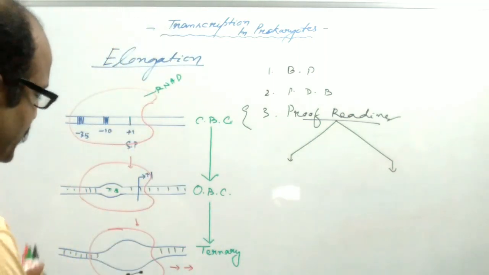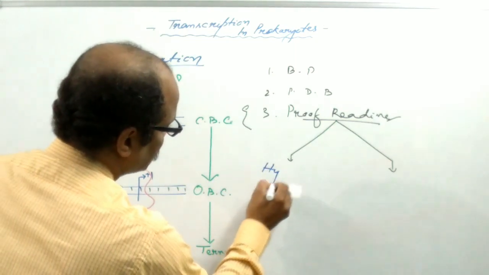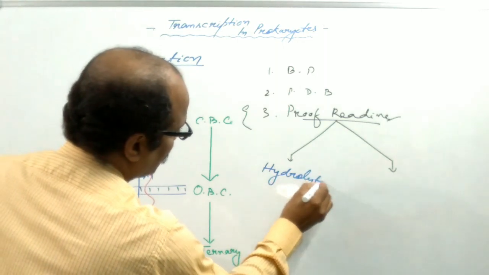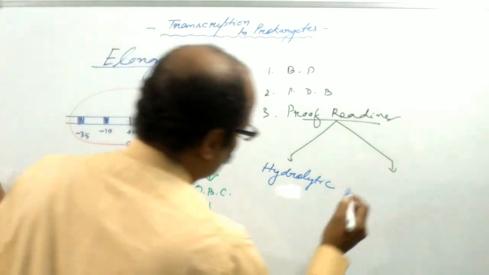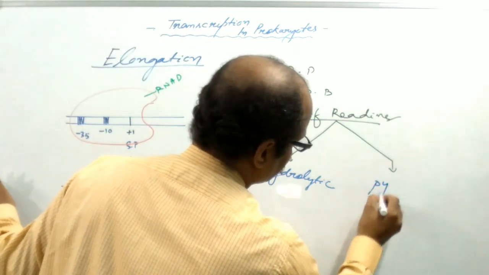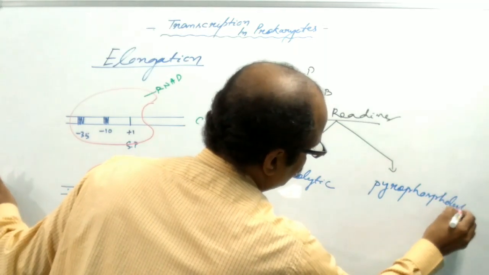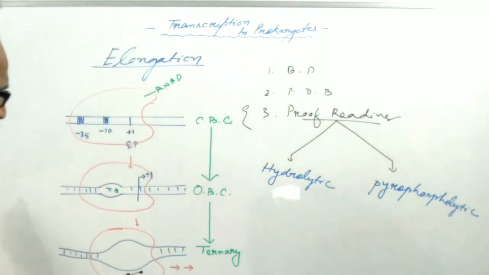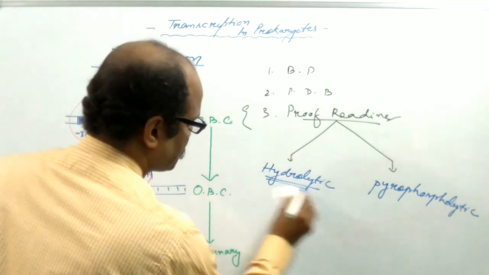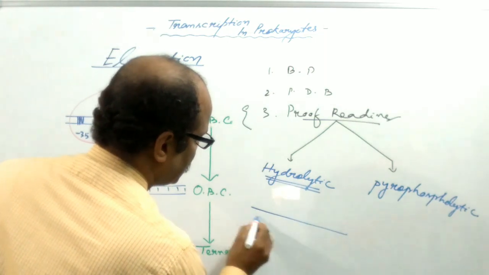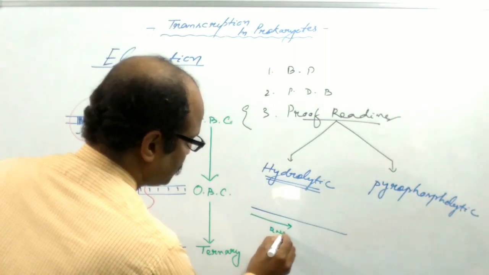Such proofreading actually takes place by two processes. One may be the hydrolytic process, and another may be the pyrophospholytic process. In the hydrolytic process, the editing takes place. Suppose that this is the newly synthesizing RNA.